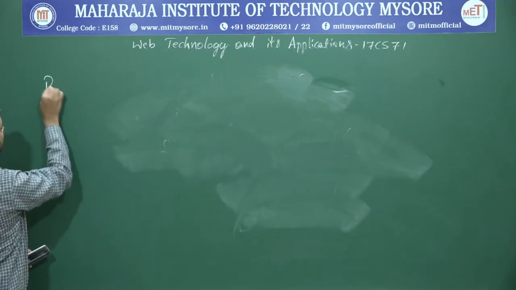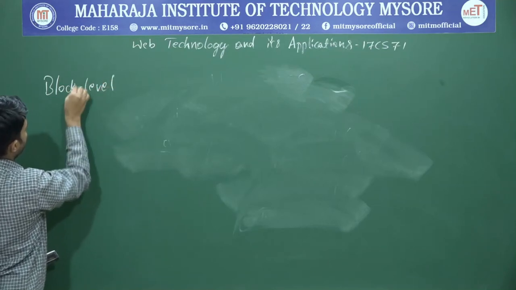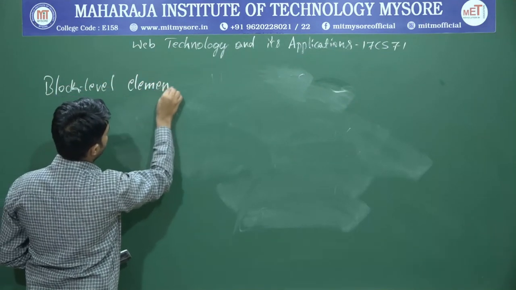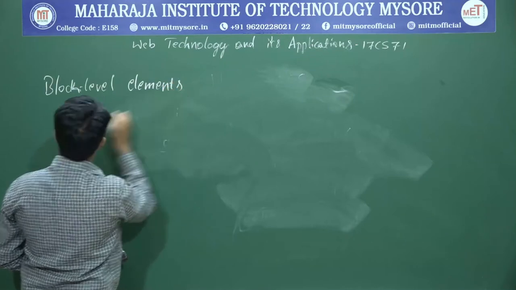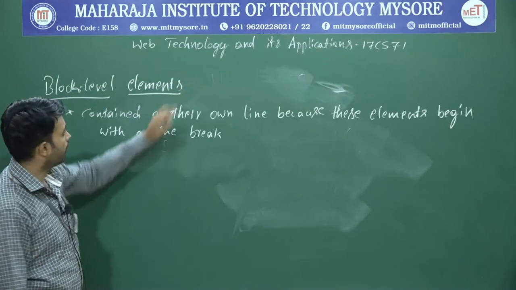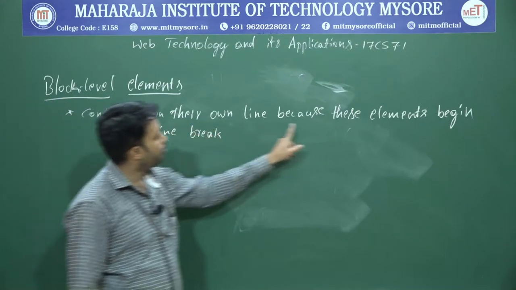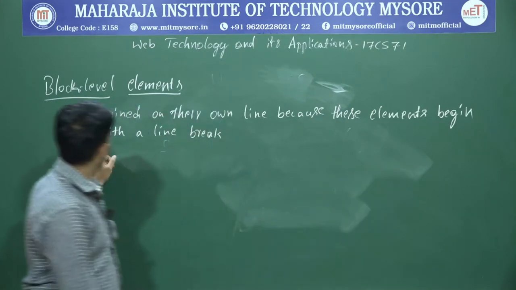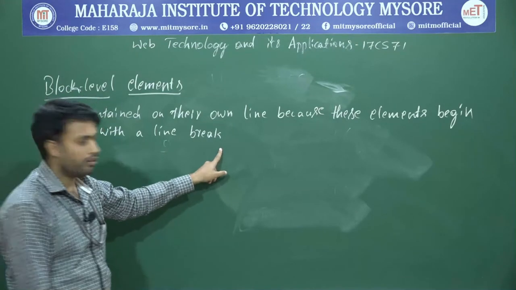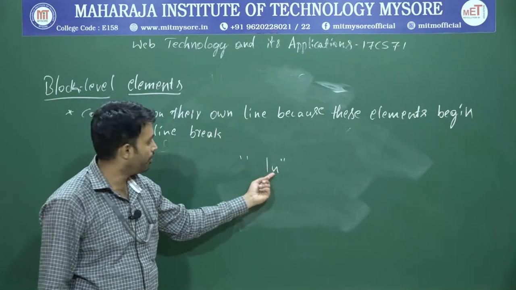First one is block level elements. They sit on their own line because these elements begin with a line break. You have that backslash n in your C language, right? It is a new line character.